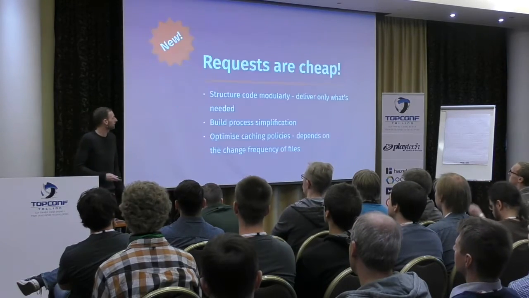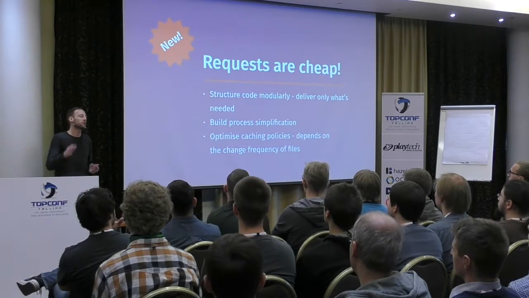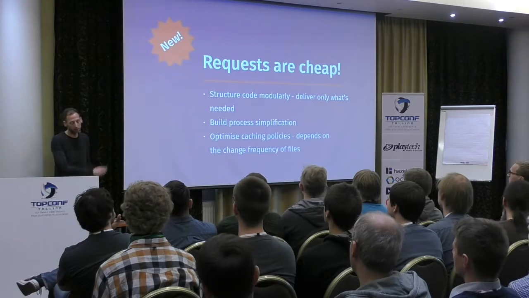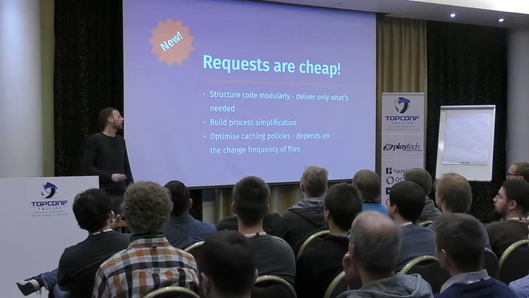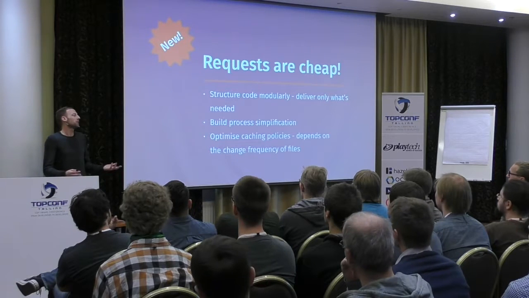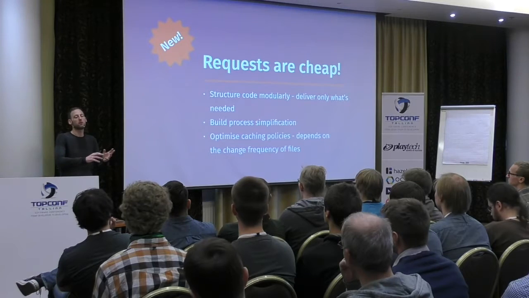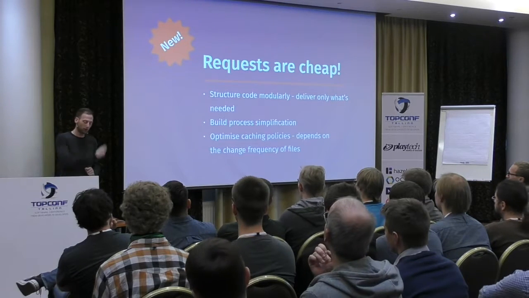Then, as I just said, the number of requests doesn't matter anymore because we don't have to wait anymore. They can all come. You'll see that in the next waterfall chart. Then you can probably simplify your process, like build tasks and so on, because you don't have to concatenate everything anymore. You can just leave it as is, minify it, and off you go.